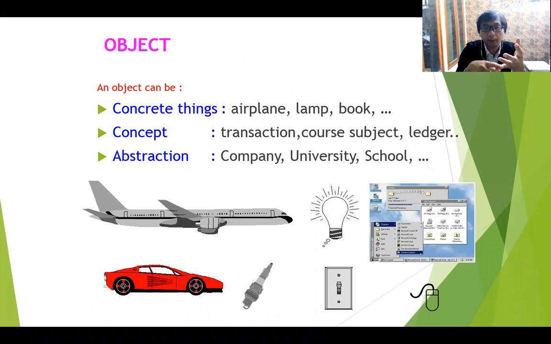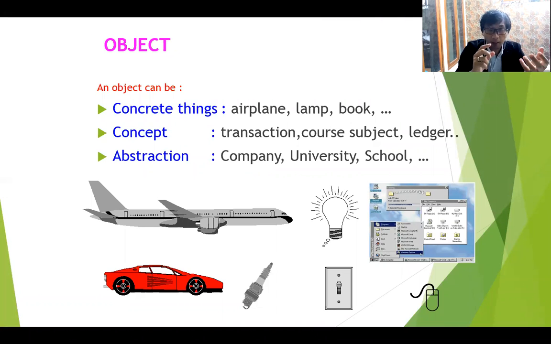Let's say it's a company. A company can consist of a lot of objects. Another abstraction would be a university. In a university you will find a lot of objects, but you can still use this kind of abstraction as an object candidate.